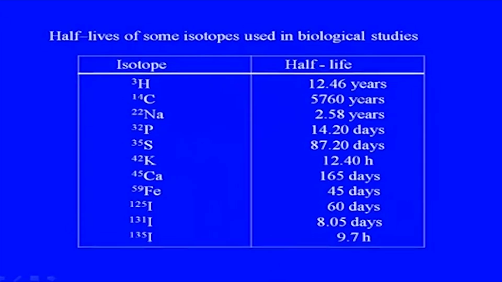So, this is very much suitable for many biological works, like in the field of molecular biology. Then 35S has 87.2 days of half life, 42K has 12.40 hours of half life, and likewise you can go on, like I-131 has 8 days of half life and I-135 has 9.7 hours of half life.